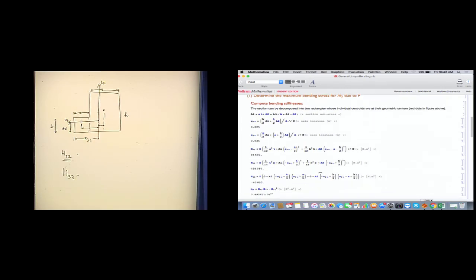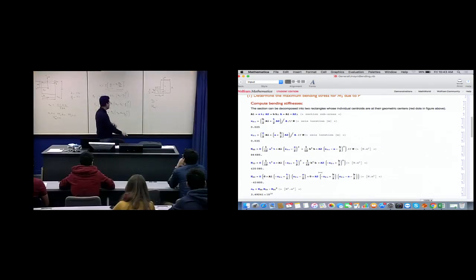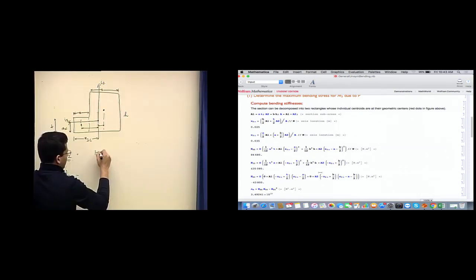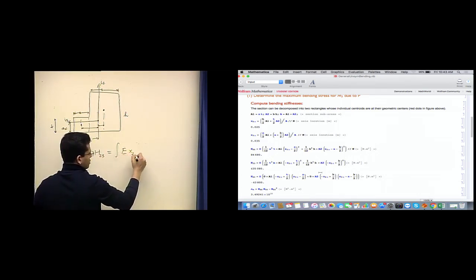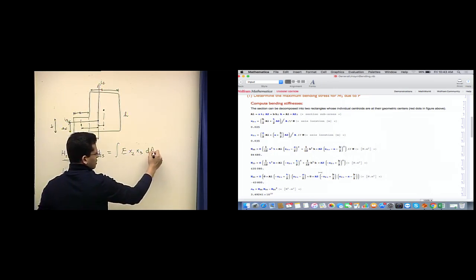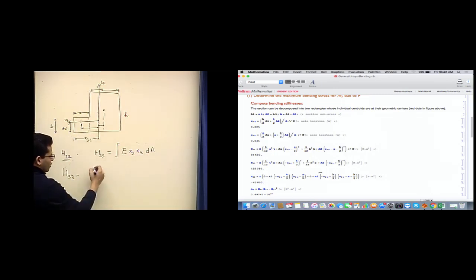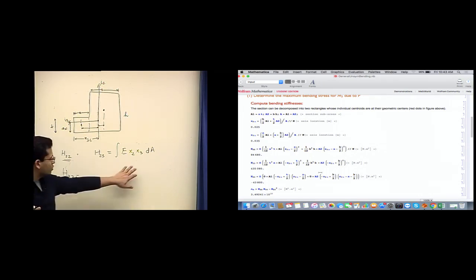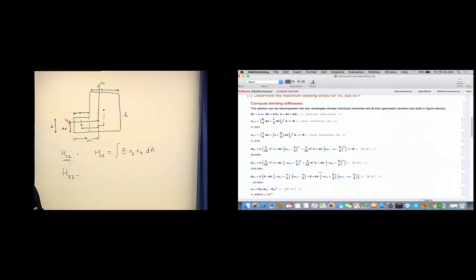Okay, so I would skip these calculations, but you can go ahead. What about, how do you use the parallel axis theorem for H23? So H23 is similar. If we look at the expression, it's the integration of E x2 x3 dA, right? So now when I'm trying to move to a different coordinate frame, I would have to transform x2 and x3 to match that coordinate frame, right?